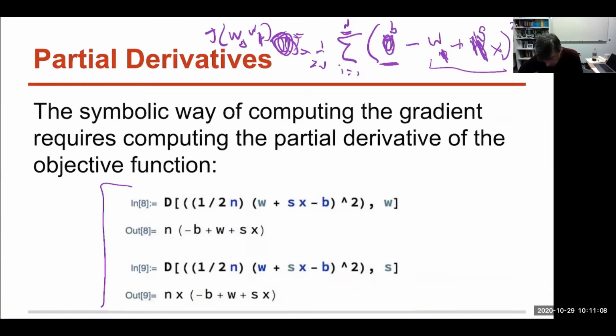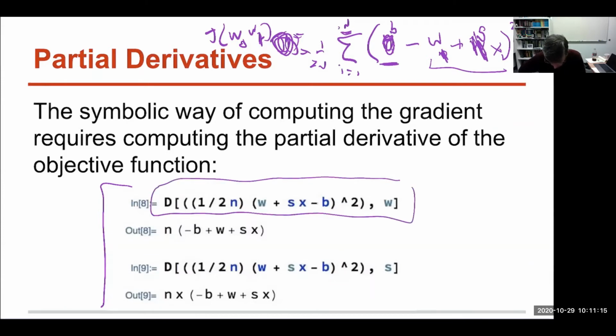I want to now know, if I had only one point, what would be the derivative of this function with respect to w? Well, I'm going to take the derivative of this, the exponent. If you remember, you lower the exponent by 1 when you take a derivative and multiply by that.